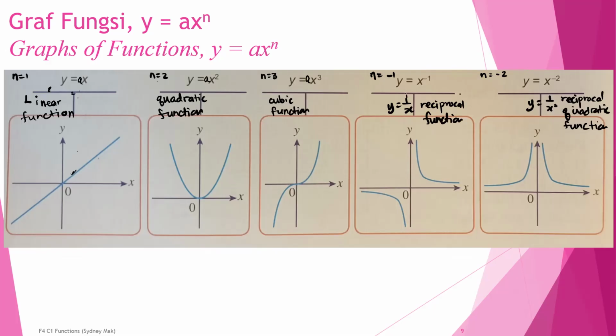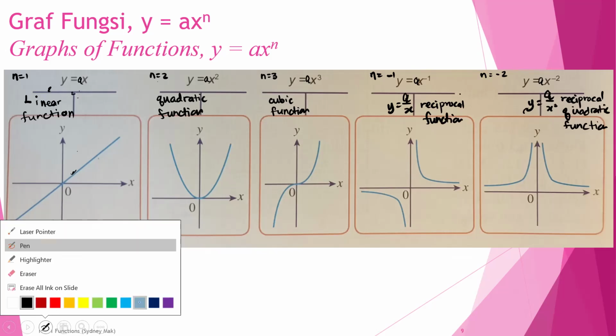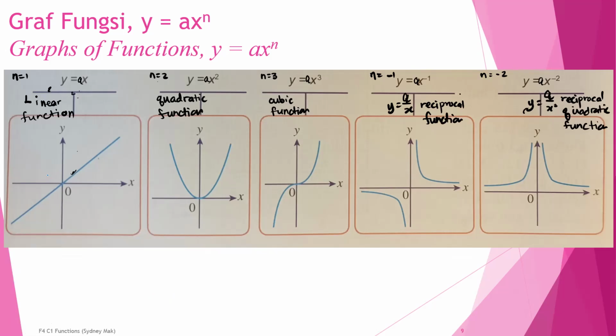This one is a over x. This one is a over x squared. Okay? Now, what is the value of a? It can be any value.